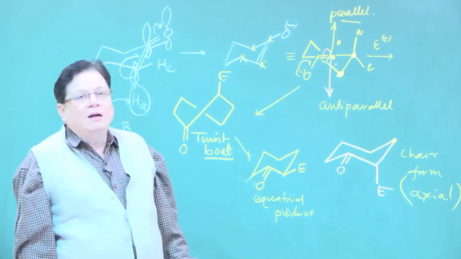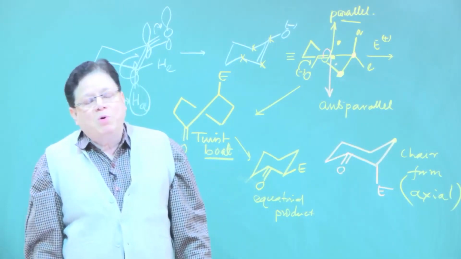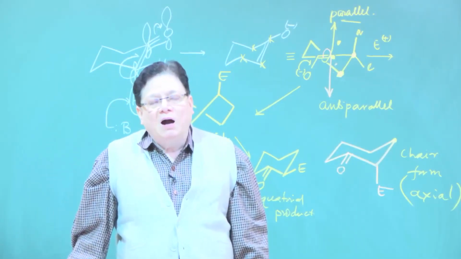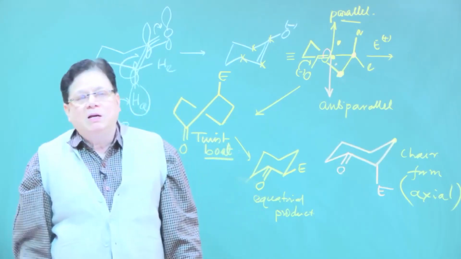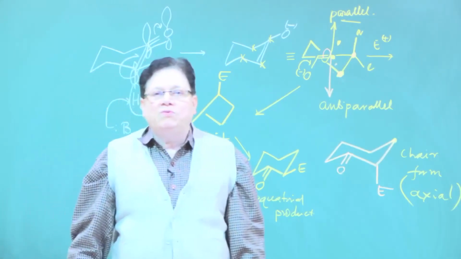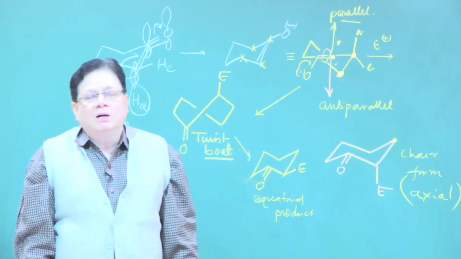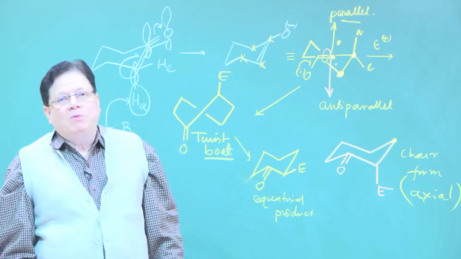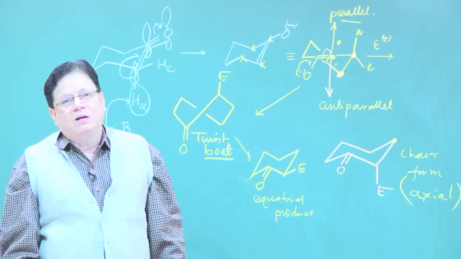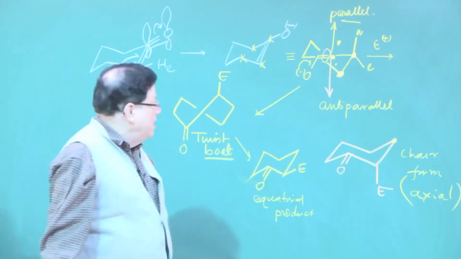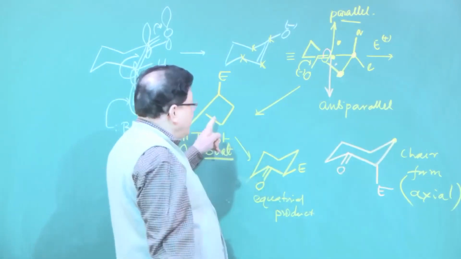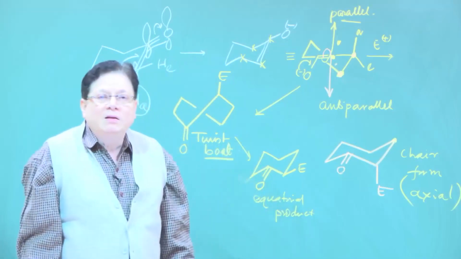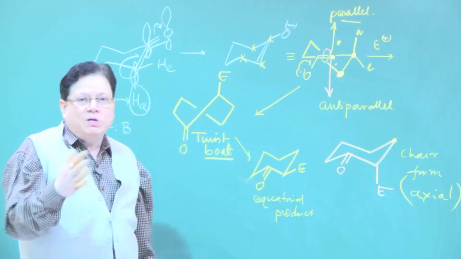And another important point that one has to remember is that if the transition state is an early transition state, then it does not matter whether it is going ultimately through a chair or a boat form. Then both the products will be formed in appreciable amount. But if the transition state is a late transition state, then obviously the twist boat has higher energy than the chair form, and then there will be differences in the ratio of the two products.